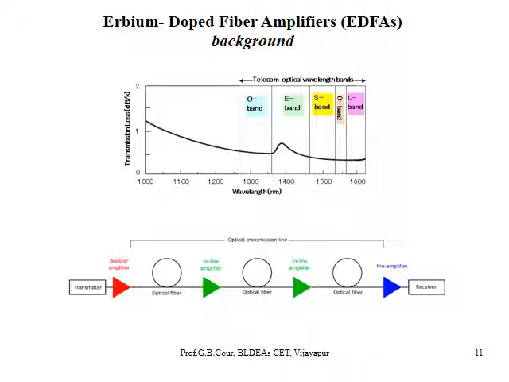Before we go to the amplification mechanism or working, let us have a glance at the background of this EDFA. This is very important. We have seen it operates in the C band from 1530 to 1560, and this is the graph of wavelength versus transmission loss in decibels per kilometer.